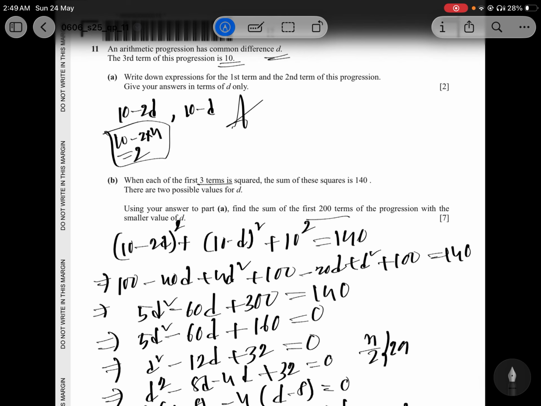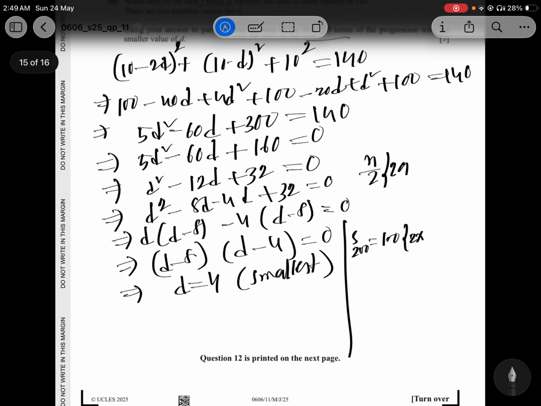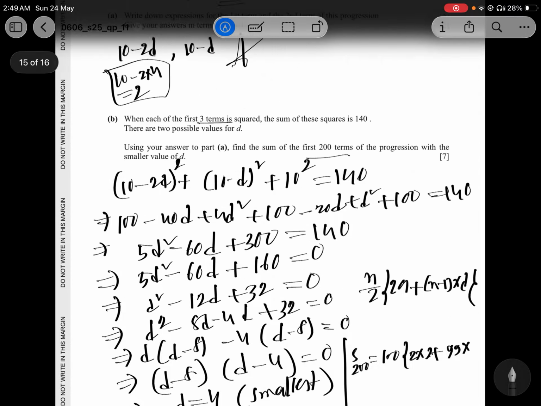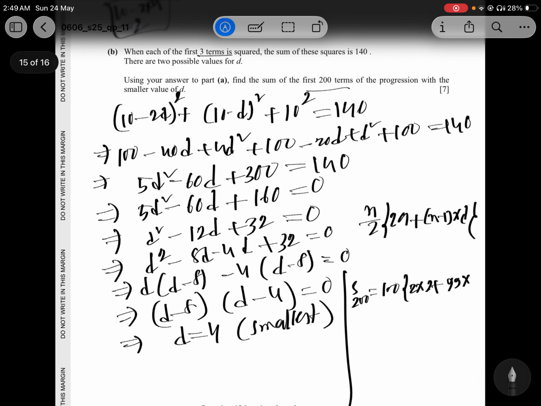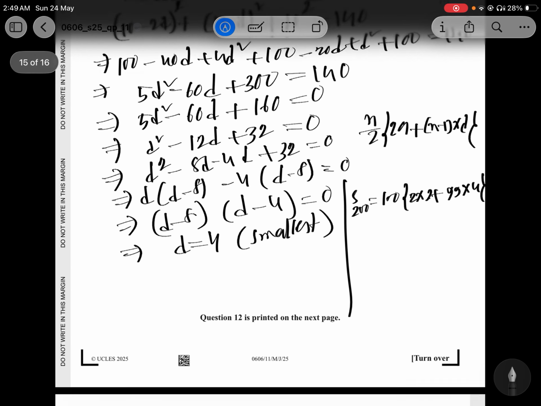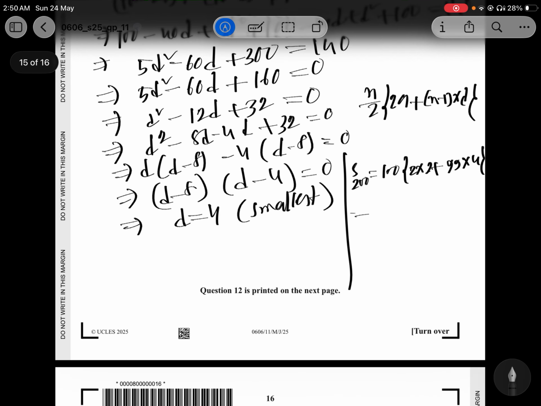So the first term is 2. 2a plus n minus 1, which is 99, 2a plus n minus 1 into d. Our d is 4. So the result should be 100.